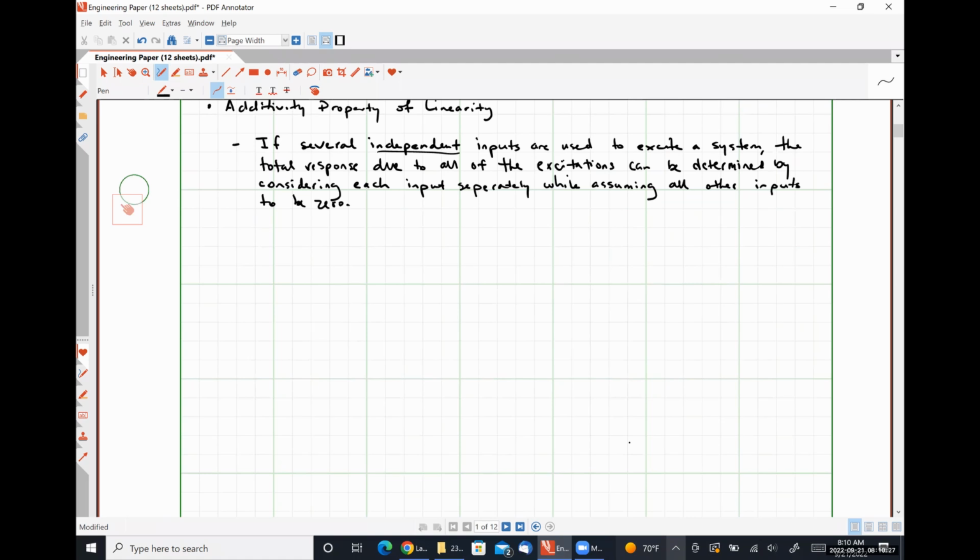So let's take the following circuit where we have a 6-volt source, a 6-ohm resistor, a 10-ohm resistor, a 9-ohm resistor, and a 2-amp source.